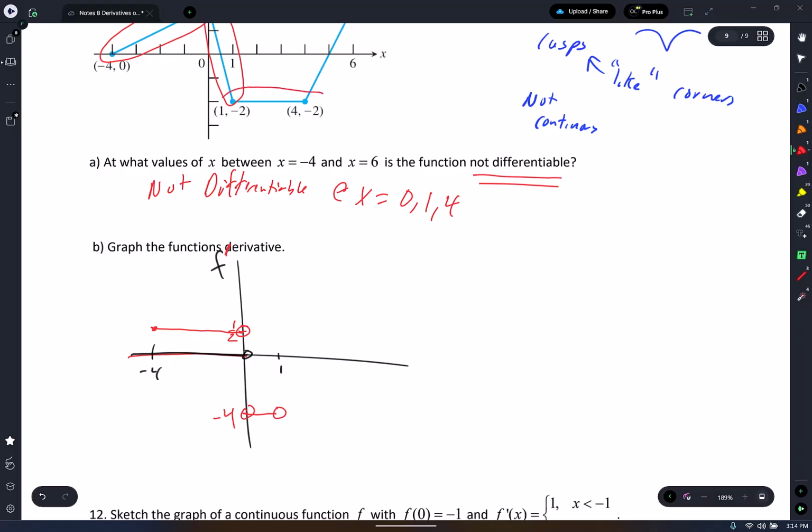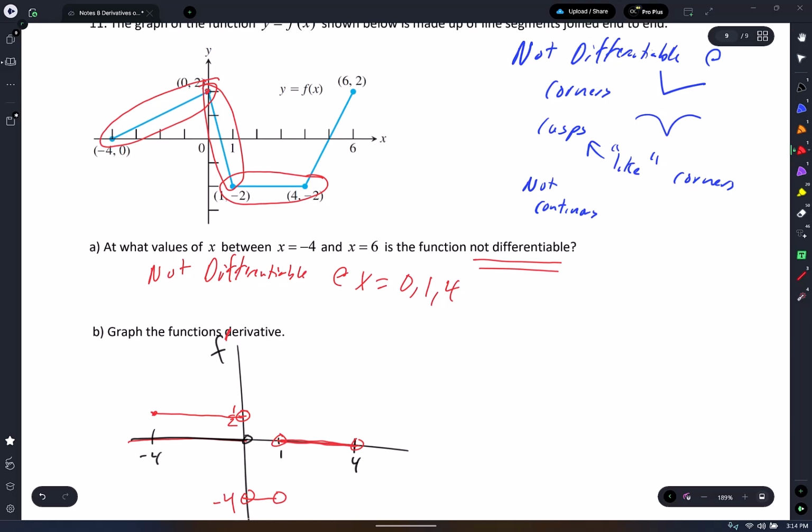Between 1 and 4, what's that slope? It's a horizontal line, so the slope is what? 0. So between 1 and 4, my slope is 0. And between 4 and 6, let's see, I go up 4 and move 2 to the right, so 2.